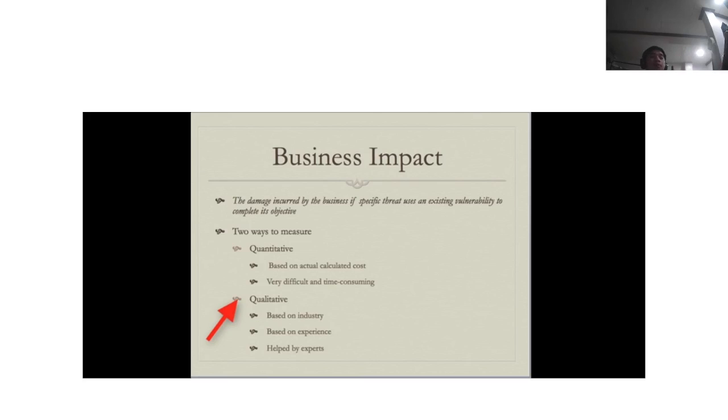So that further action can be taken to try to eliminate that threat altogether. Okay, so controls.